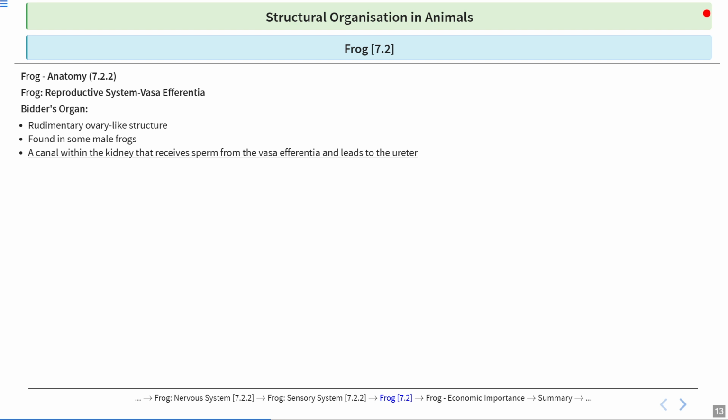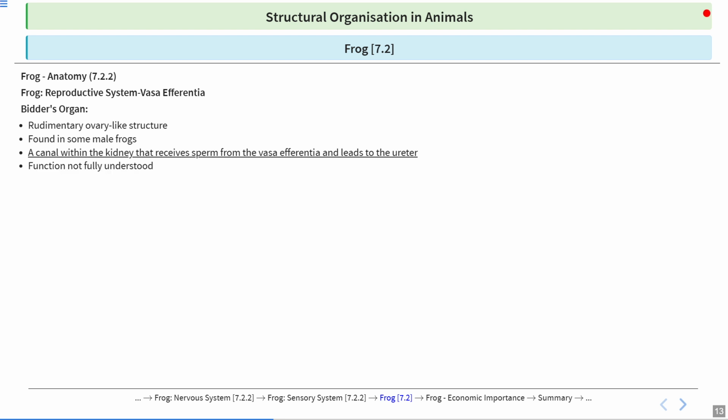So here is a canal. What is written about the Bidder's canal? A canal within the kidney that receives sperm from the vasa efferentia and leads to the ureter. So this is the canal that is present inside the kidney, right? And this is the rudimentary ovary-like structure, right?